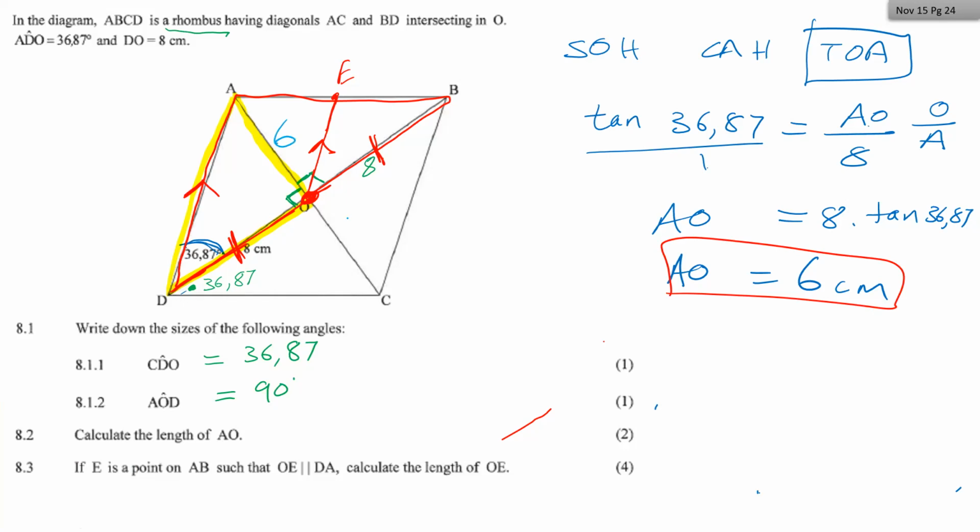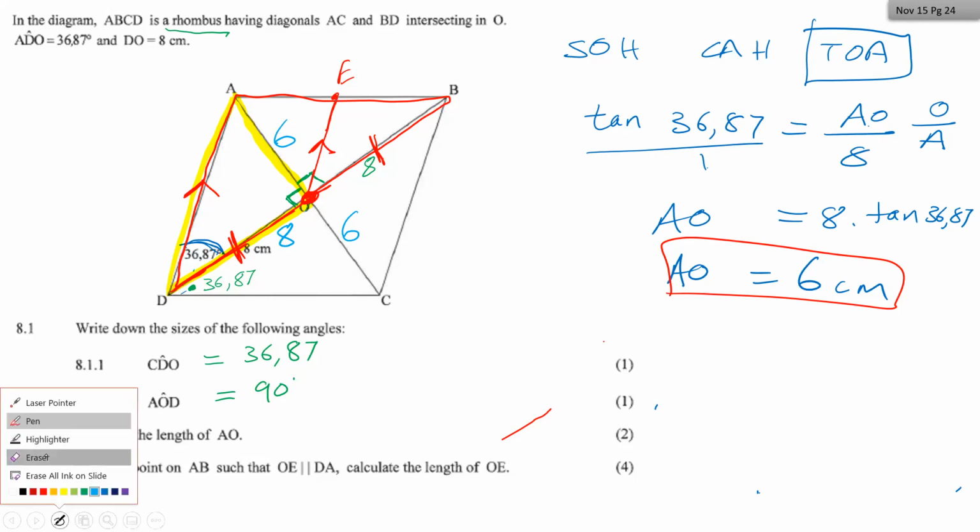So if AO is 6, we know that is 6. So for us to find OE, we firstly got to find AD, because the converse of the midpoint theorem will dictate that OE is half of AD. Now there's no way we can find OE at this stage because we don't know AD. But if you look closely, the yellow triangle is a right angle triangle, which means I can use Pythagoras. So I'm just going to create some space on my screen here.